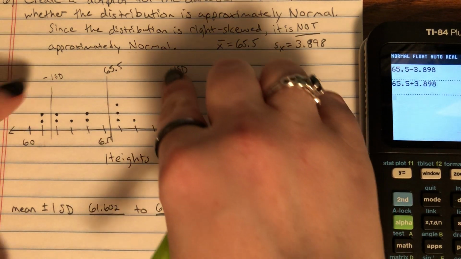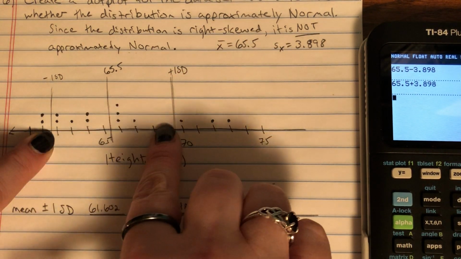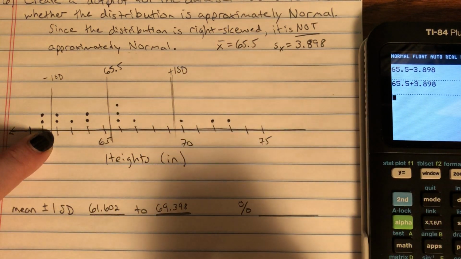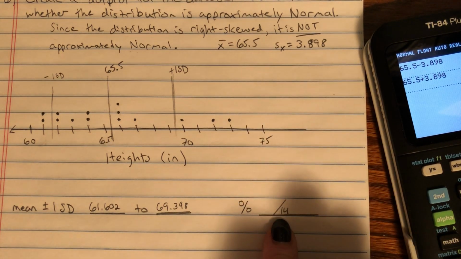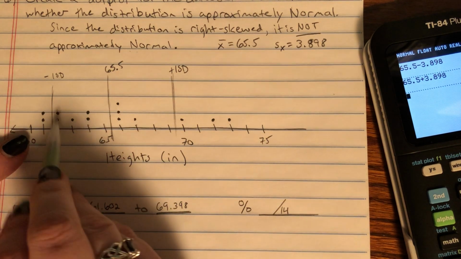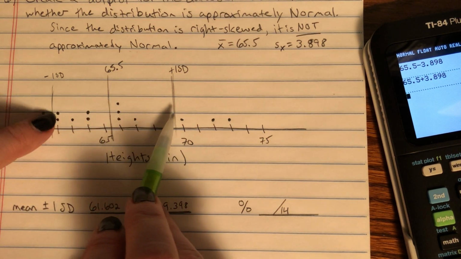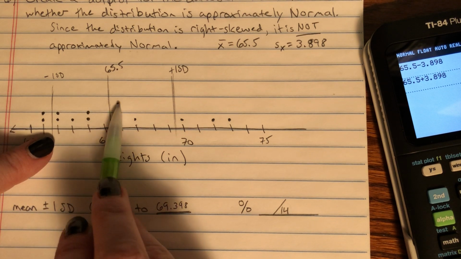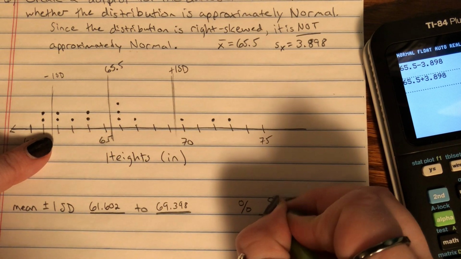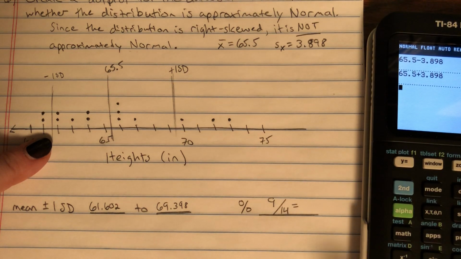All right. Within these lines, I want to know how many data points are inside, and I need to divide by the total number I have. Now, I had 14 data points. Between 1 standard deviation below and above my mean is 1, 2, 3, 4, 5, 6, 7, 8, 9 out of the 14 points.